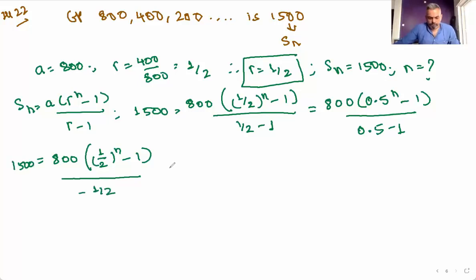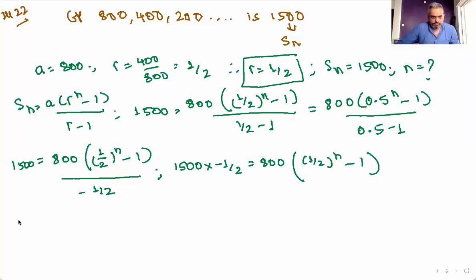So we cross multiply and we check. So 1500 into minus 1 by 2 is equal to 800 into 1 by 2 raised to n minus 1. Therefore, 1500 into 1 by 2, negative.